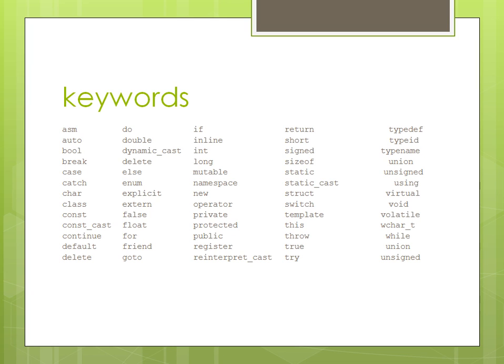Okay, so in the end, there are certain keywords, and these keywords are fixed in the C++ language. You cannot use these keywords anywhere throughout the program as a variable. You can use these keywords, but you cannot declare them as an identifier. All these keywords have a fixed meaning.